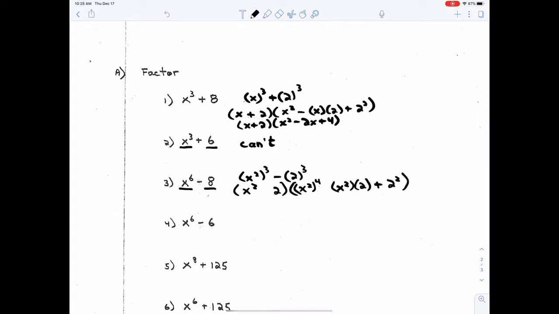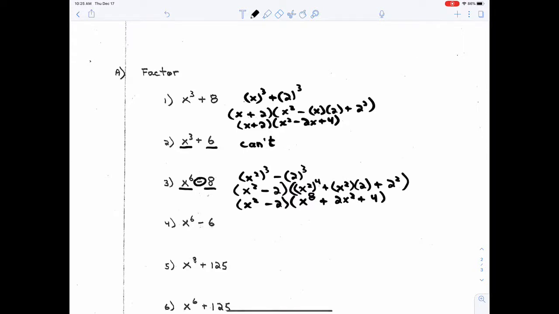And again, if you just want to call that 4, that's fine. And now, in the original problem, this is minus, so you put minus and then plus. So this is x squared minus 2 times x to the 8th plus 2x squared plus 4.